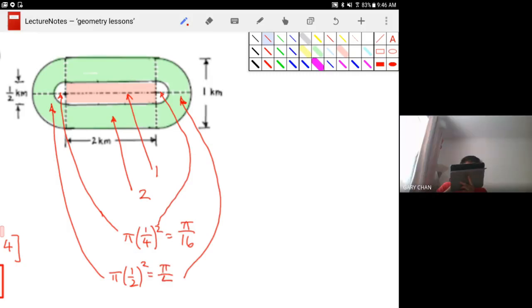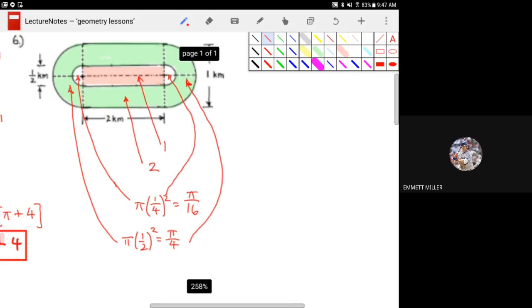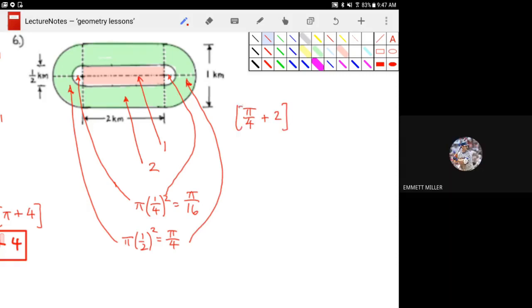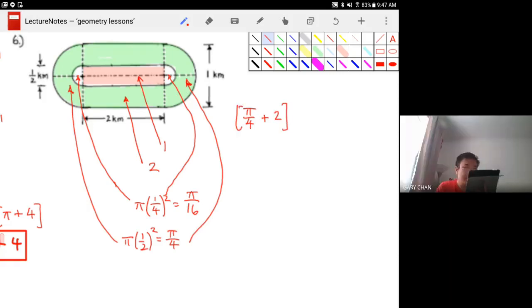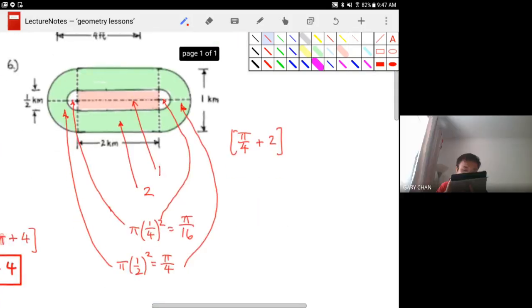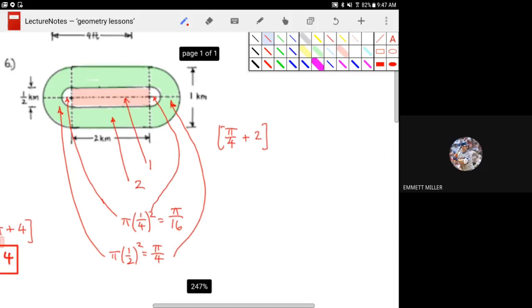There you go. What we're going to do is take the larger, which is pi over 4, plus the larger rectangle. Mr. Chan, how do we know it's 1/2? Because the whole height is 1 kilometer. Oh, that's right. I forgot about that.